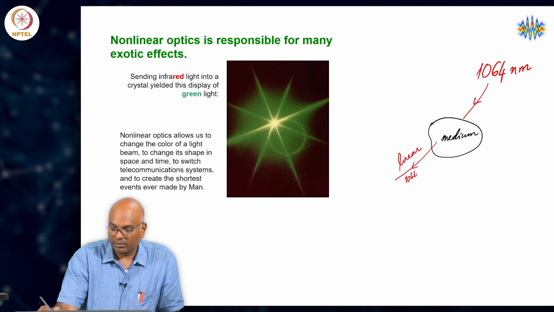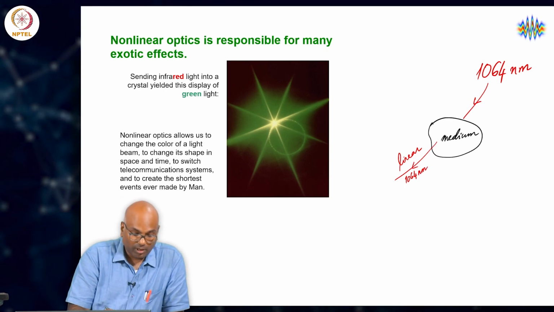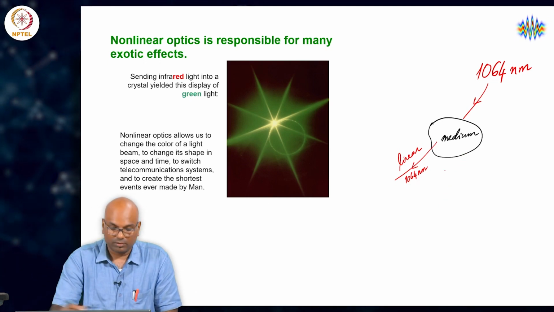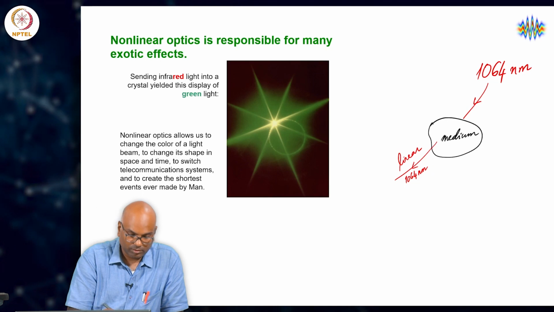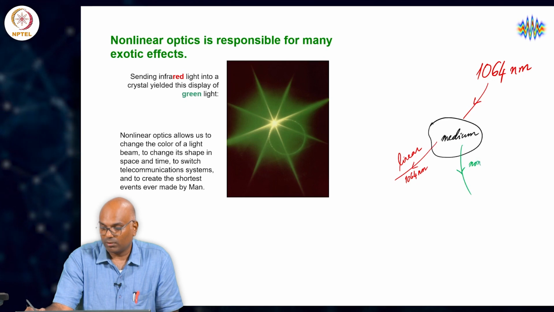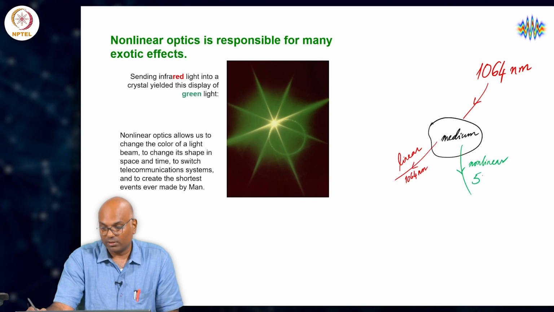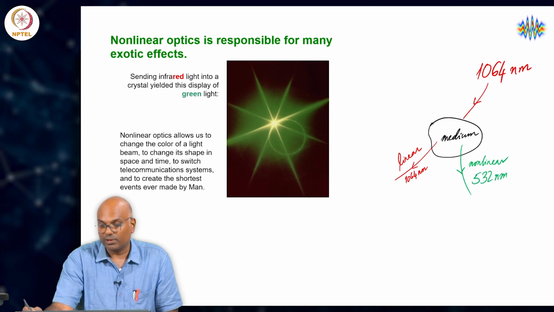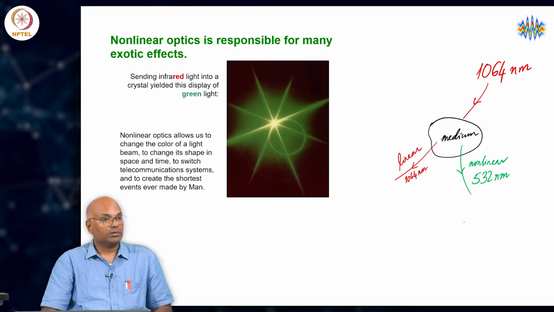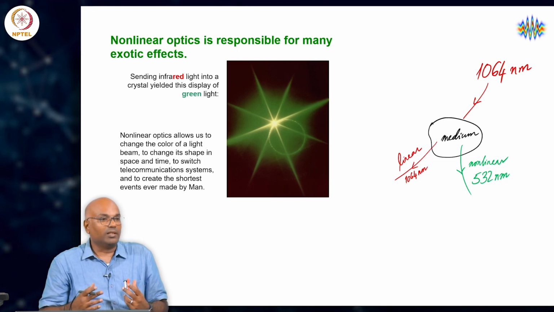You get back 1064 nanometers. However, if the response is not linear, you get a half of this wavelength or twice this frequency out. That is nonlinearity. Simple. The medium has had something else other than linear.